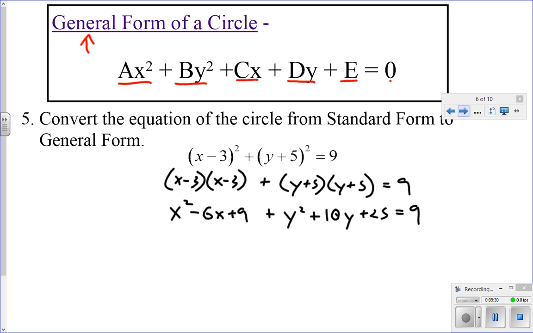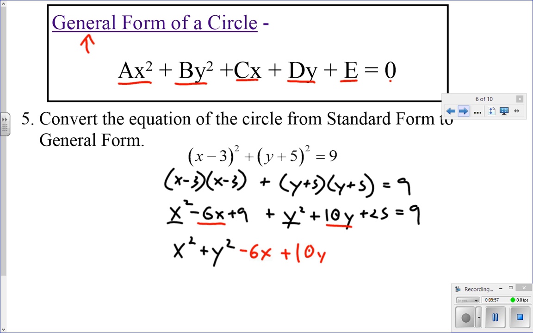So now I'm going to collect all my like terms. And well, it's more or less the order. So my squared terms go first. So I get x squared plus y squared. That's there and there. And then my linear terms are minus 6x plus 10y. That comes from here and here.